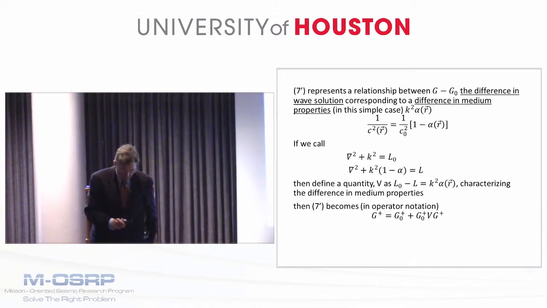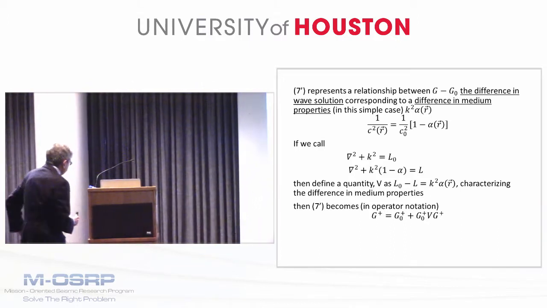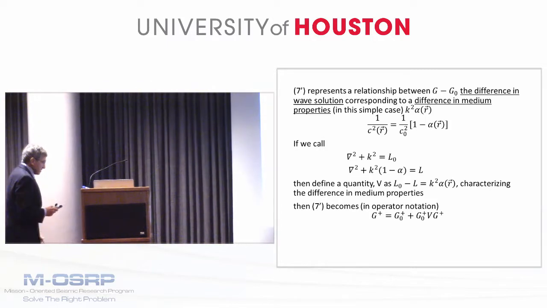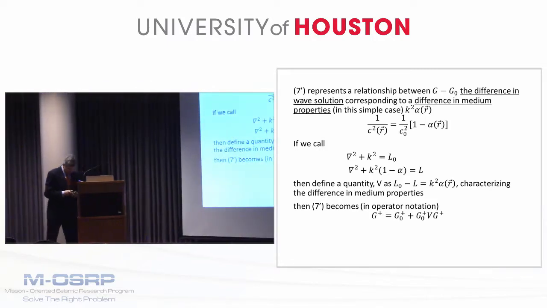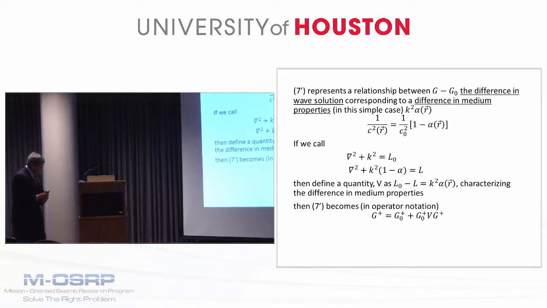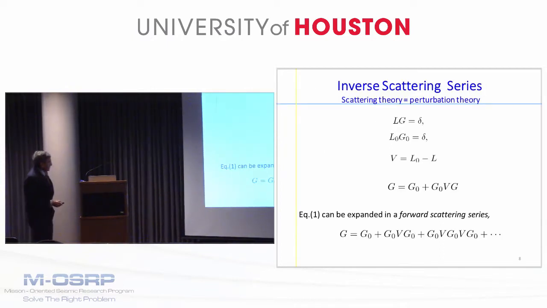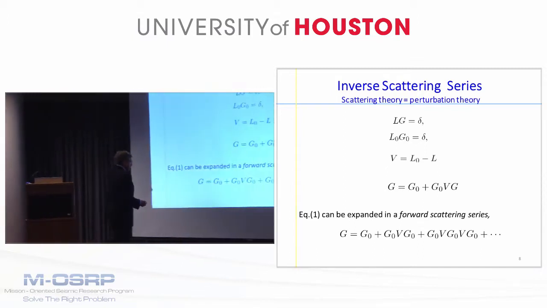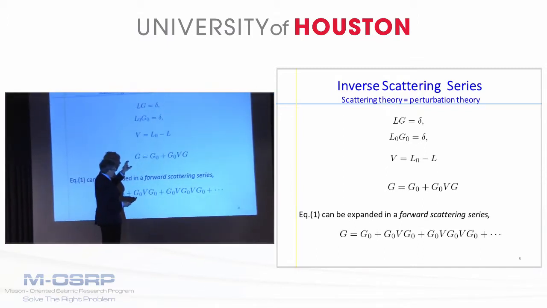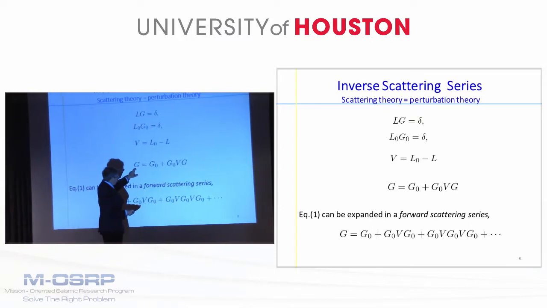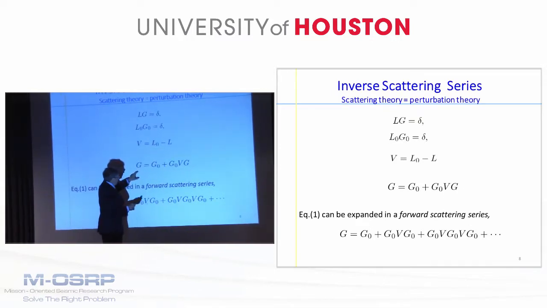Okay, so that relationship carries consequences. This is a very old relationship. It didn't start with us. Now, this is not a solution for G. A way to make this a solution for G is to make a series of approximations, and say, well, here G is G0 plus something.